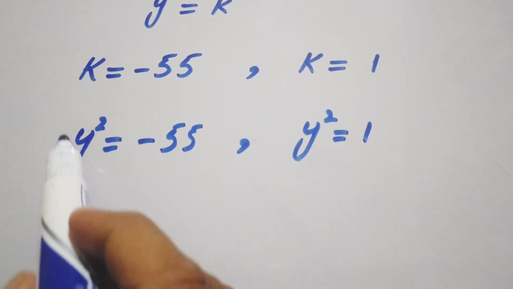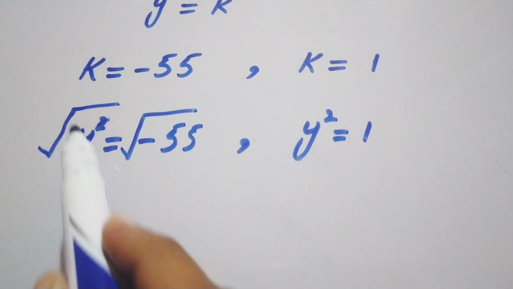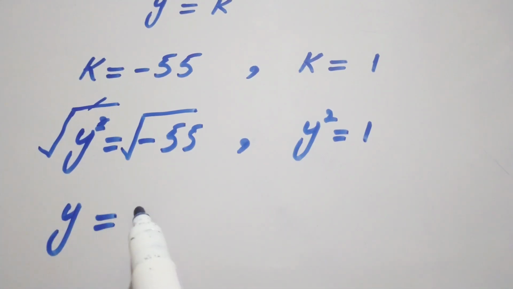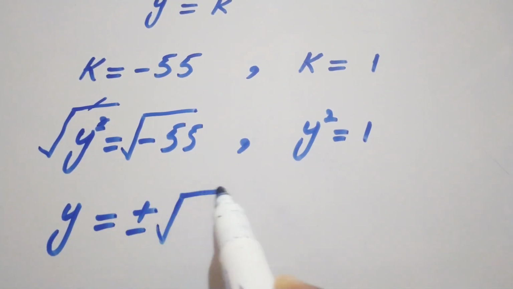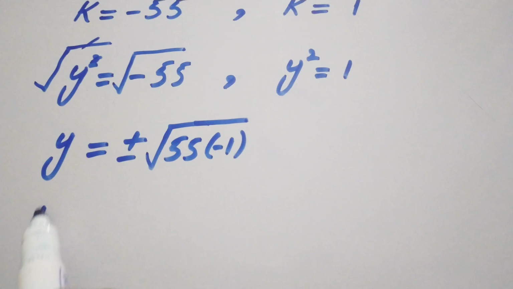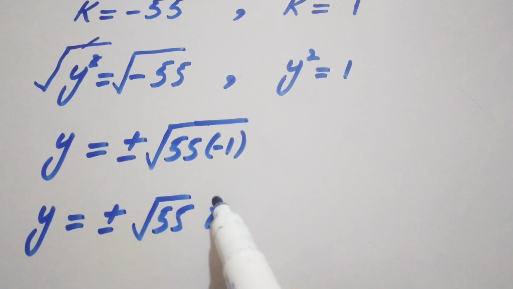Now taking square root on both sides, this square will cancel with this square root, and here y is equal to plus minus square root of 55 into minus 1. 55 into minus 1 gives us minus 55, and y is equal to plus minus square root of 55 and square root of minus 1, which is iota.